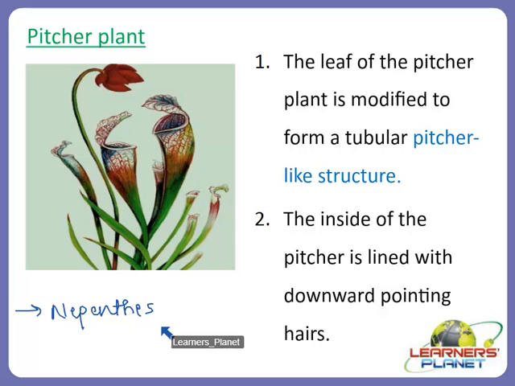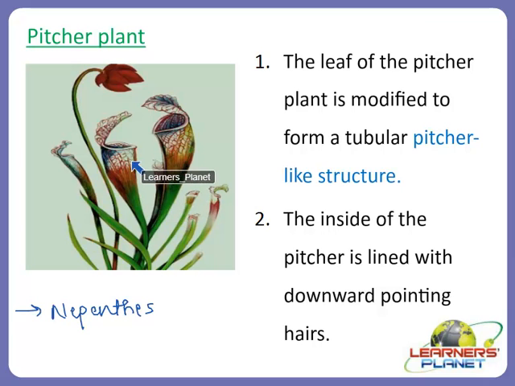Basically, pitcher plant or Nepenthes is found in northeastern India and also in many regions of North America. These plants grow well in wet soils, and the leaves of this plant are modified in the form of pitchers.